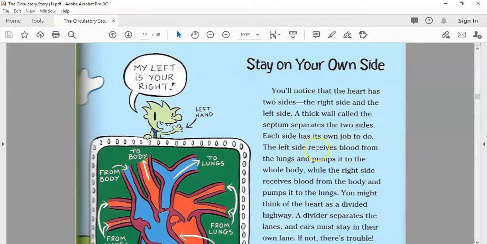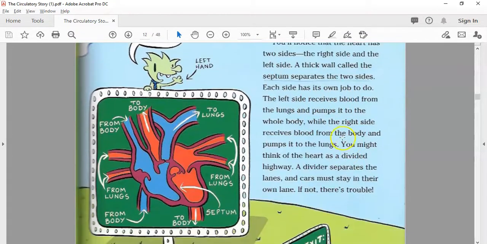The left side receives blood from the lungs and pumps it to the whole body, while the right side receives blood from the body and pumps it to the lungs. You might think of a heart as a divided highway. A divider separates a lane, and cars must stay in their own lane. If not, there's trouble. So remember, we looked at the diagram.